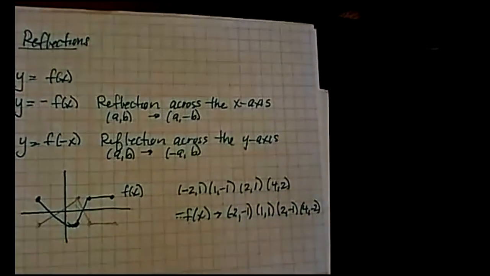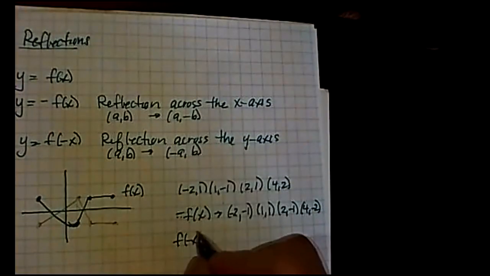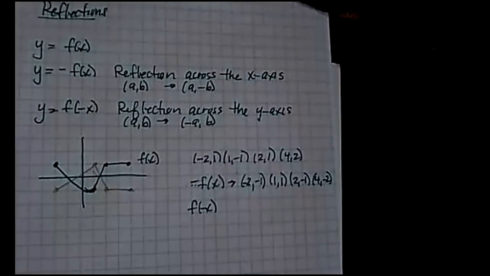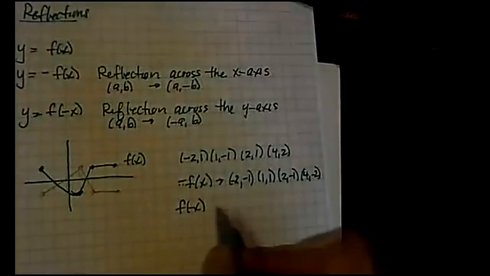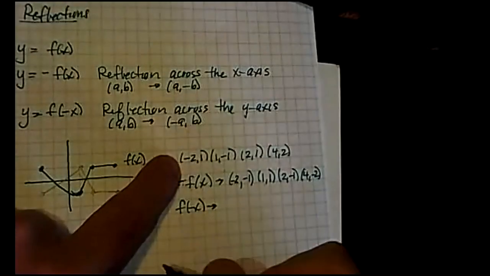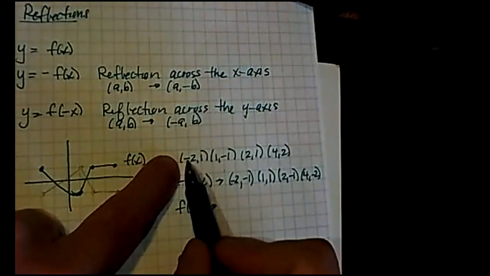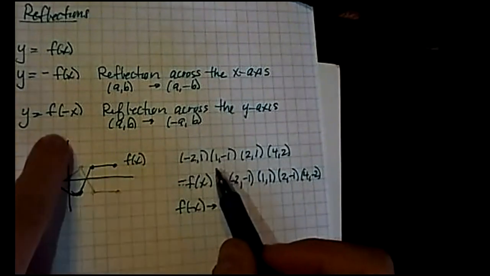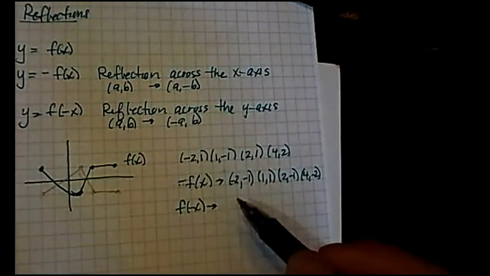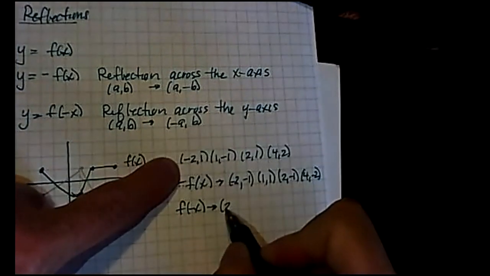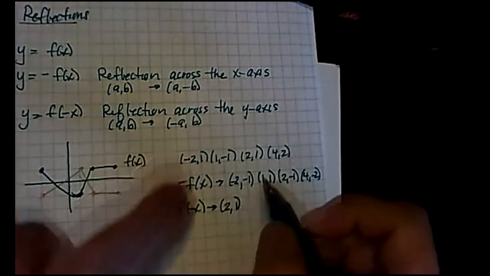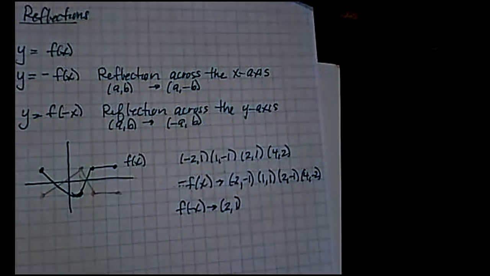So what if I said, okay, well, show me then what would this be? Well, that's going to be a reflection over the y-axis. If it's inside, it's over the y. So I would go back to my parent functions, and I would change the sign. I'm sorry, I'm saying that wrong.